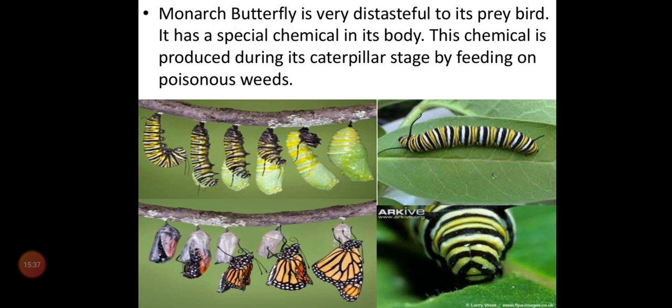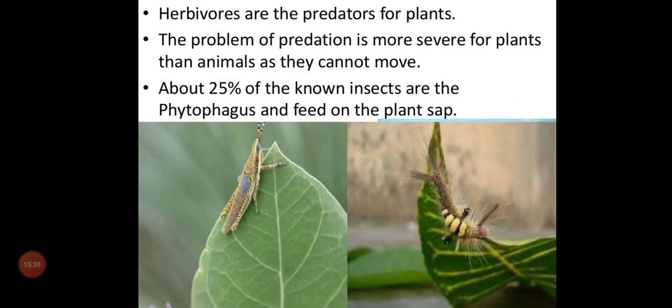So this is another defense mechanism. And apart from that, some plants possess toxic materials to escape from the herbivores. Herbivores are the predators for plants, as we already know. Herbivores eat plants.